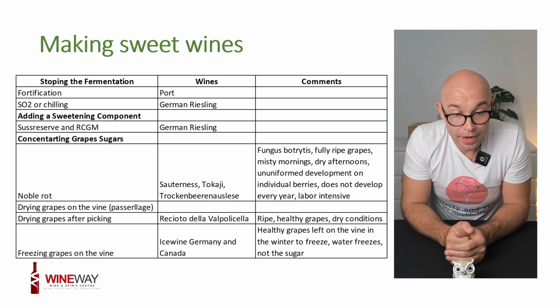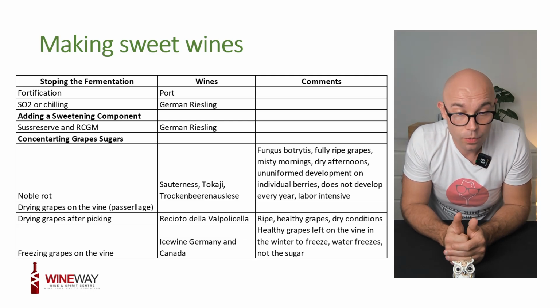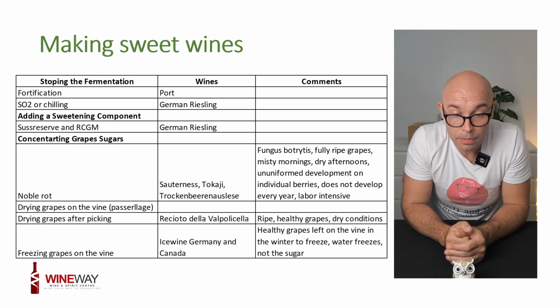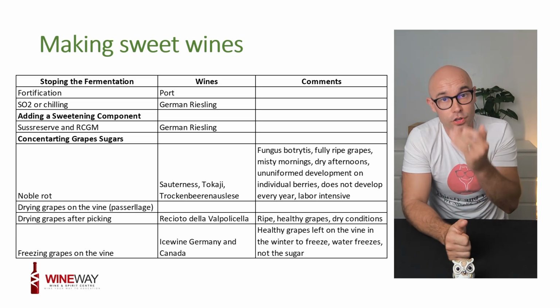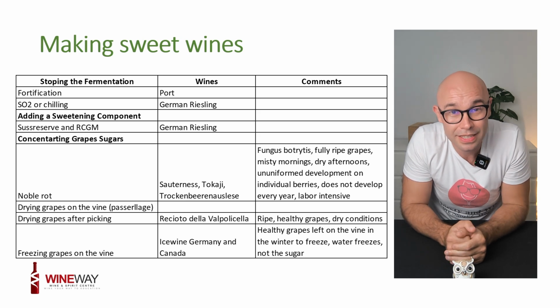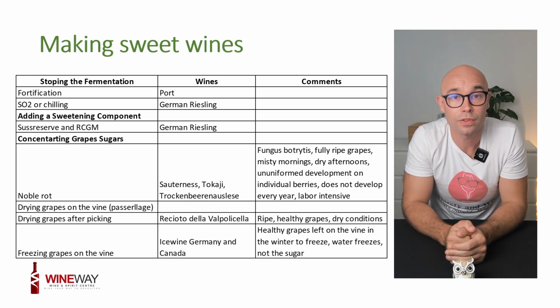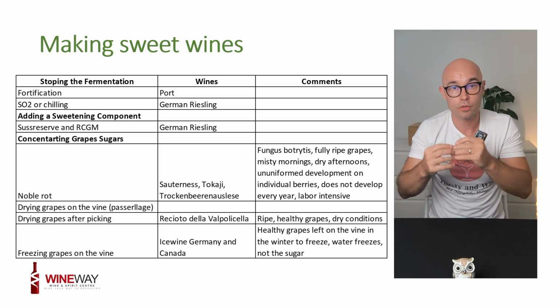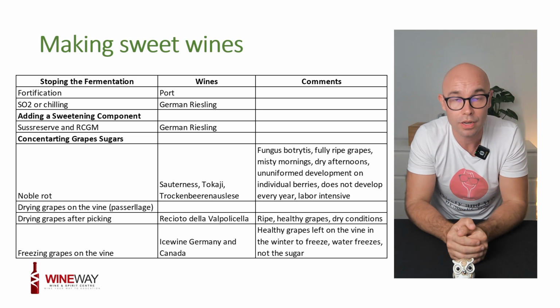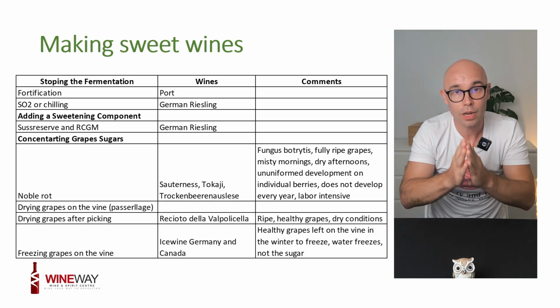Freezing the grapes on the vine, it's used in Germany and in Canada for ice wine. So you need to have healthy grapes left on the vine in the winter, and the temperature outside needs to be around -7 degrees Celsius, which will freeze the water inside the grapes. You're gonna have these frozen grapes, you're gonna bring them to the winery. You're going to be pressing the grapes.